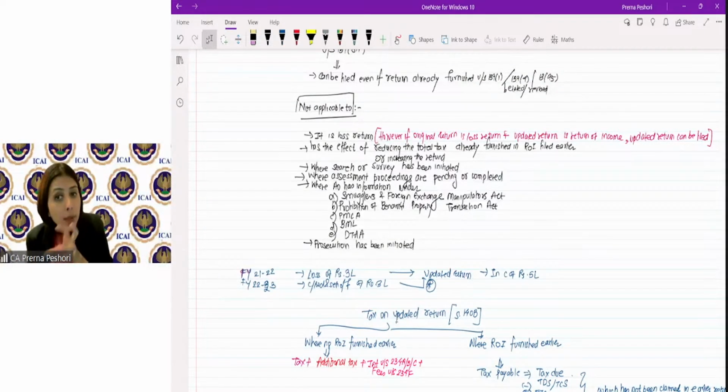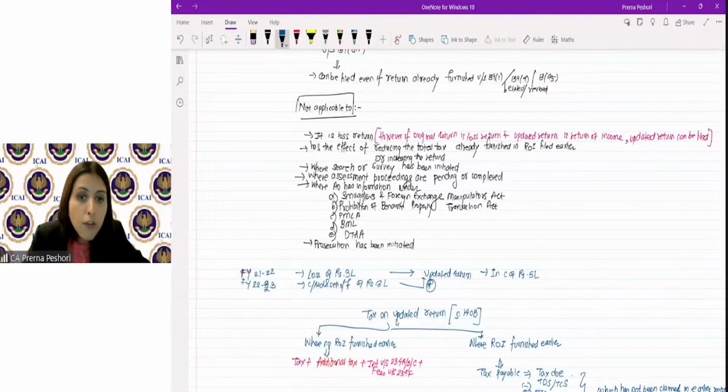Then I am converting the loss to income. So now that loss no more remains. So I also need to file an updated return for even 22-23, because I need to remove that loss from the income of 22-23. So updated returns for both these years are required. Are we getting that, Namrata? Is that clear?